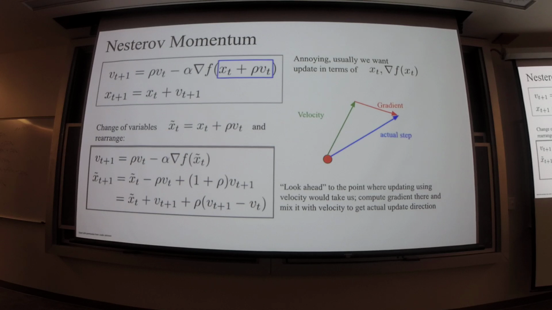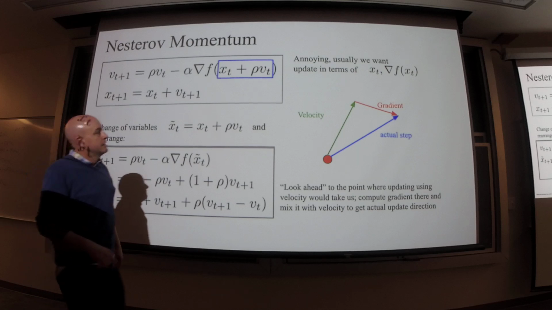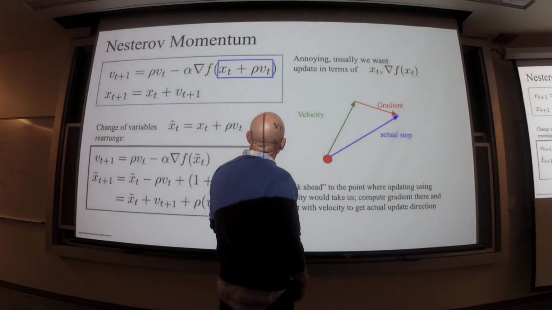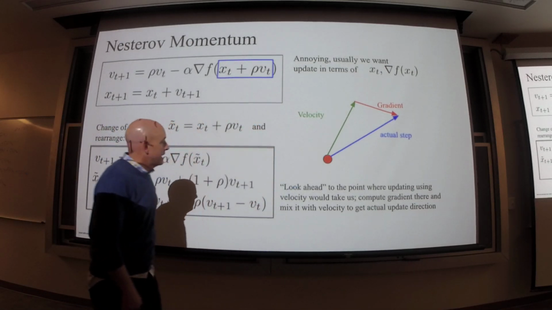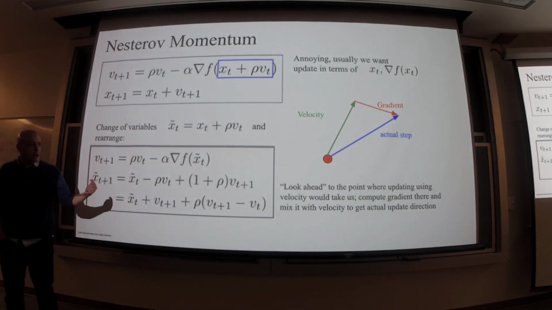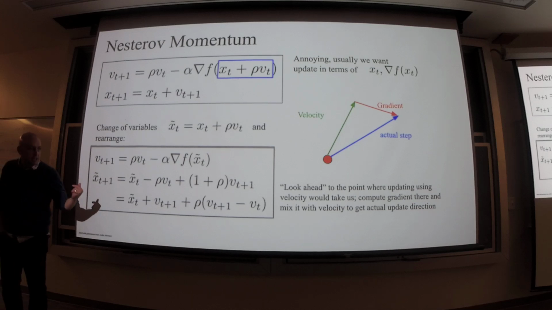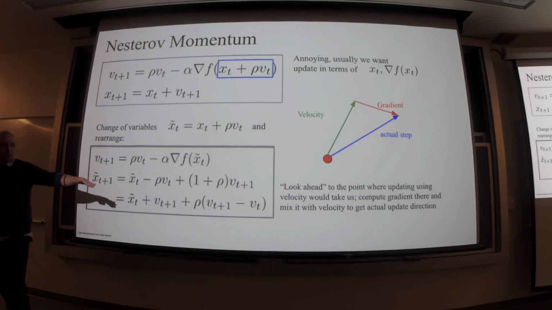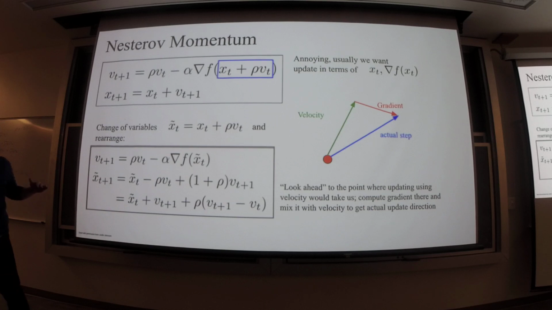All right, so what's a good way to think about this? Like it says here, look ahead to the point where updating using the velocity will take us. So compute the gradient there and mix it with the velocity to get the actual update direction.